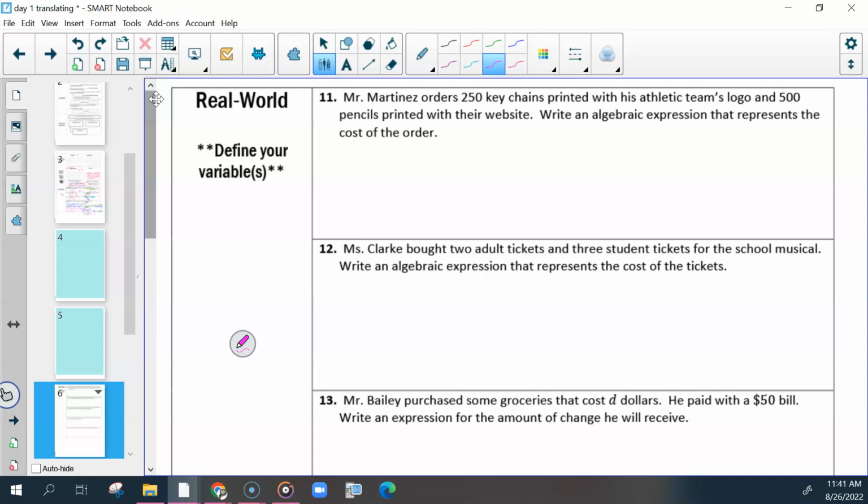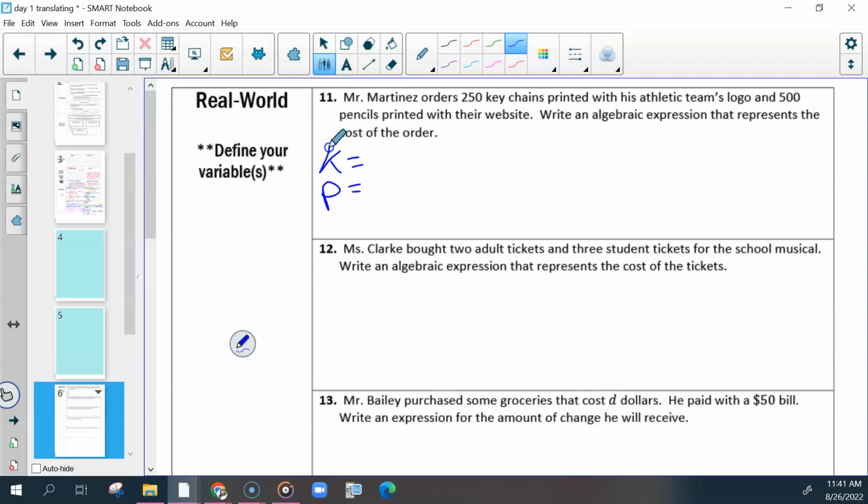But that also tells us we don't know the cost of each keychain and the cost of each pencil. So we have two unknowns, so we're going to need two different variables. You can call them whatever you want, x and y, k and p, c and p, whatever you want. So I'm just going to use k and p.